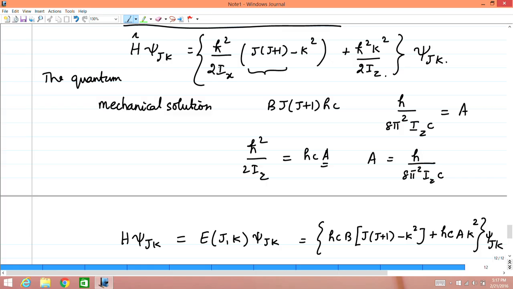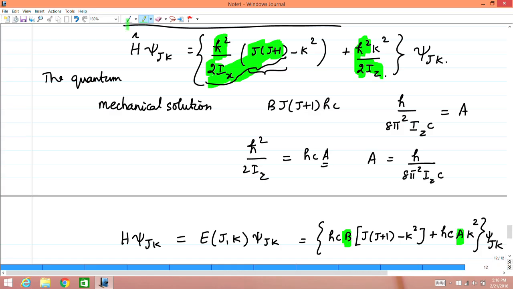All I have done is to associate the rotational constant with this term as the old B constant, and the rotational constant with the principal moment of inertia along the symmetry axis as the A constant.